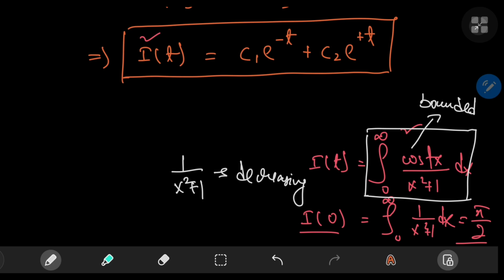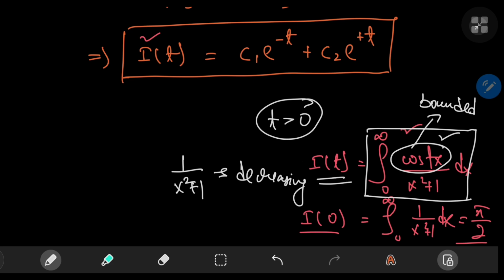So because the cosine of tx is a bounded function for any real value of t, and we're taking t to be a positive real number in this case, the integral should be convergent for all values of t, no matter how big or small they are. As long as the structure is in place, the integral will converge for any value of t. That's great. Why is that great?